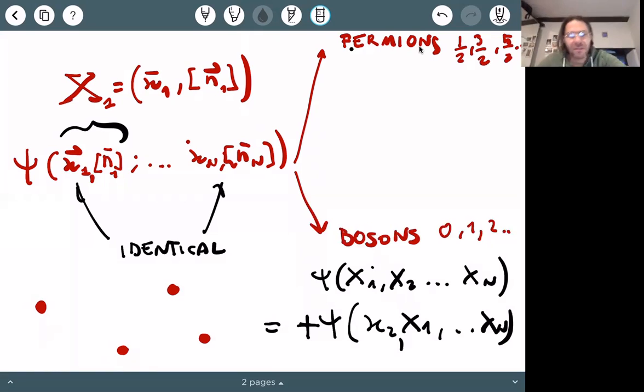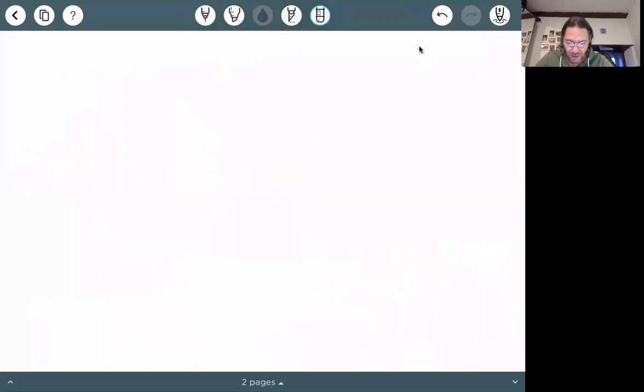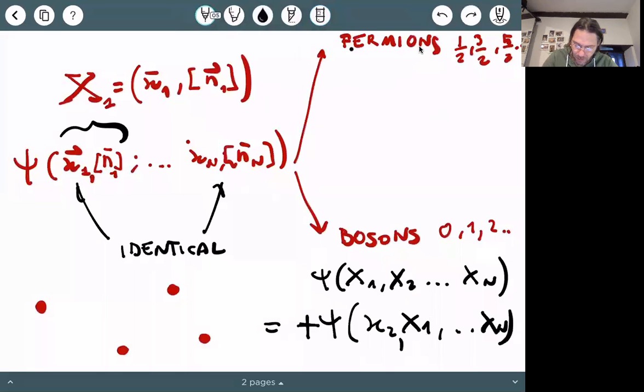So this part of the theorem says: take a quantum many-body system, let all the identical particles be bosons. If you interchange any pair of particles in the wave function and look at the new wave function, it must be the same wave function. But the big surprise comes when the particles are not bosons, when they are fermions.